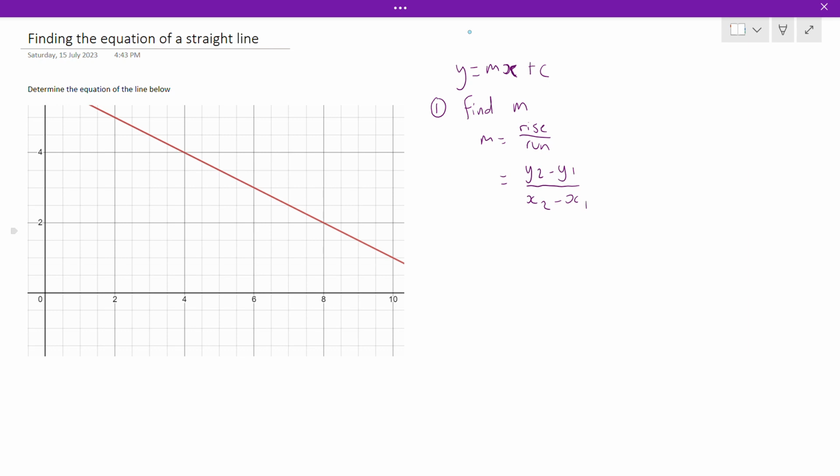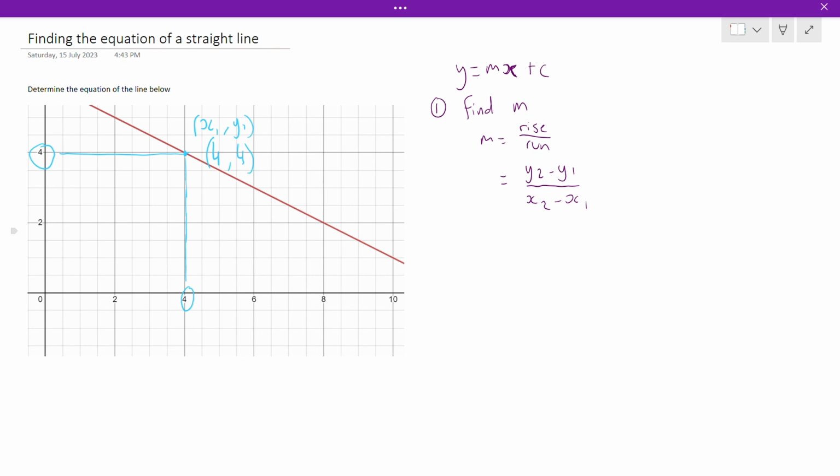So first one I'm going to choose is this one in blue just here. That would be x1 and y1. And if I look down at my x value for this coordinate, that occurs when x is 4. If I look across to my y, that occurs also when y is 4. So this coordinate is going to be (4, 4). Next, I'm going to choose another coordinate on that line.